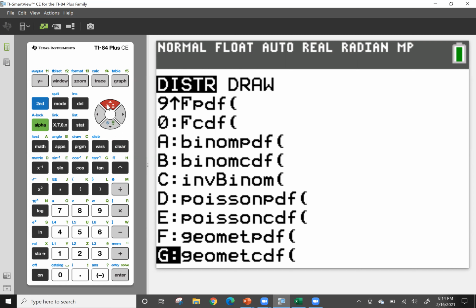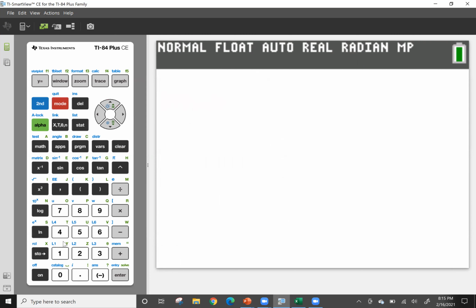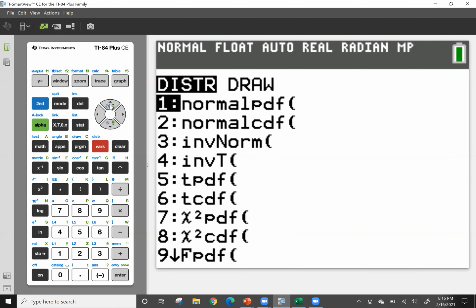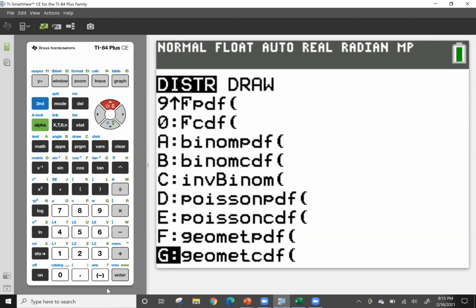What we're interested in is the geometric CDF. What I really want to find is 1 minus the probability, using the geometric distribution, that X is less than or equal to 9. So I'm going to quit, go back to my home screen, and type 1 minus, and then calculate the geometric CDF.